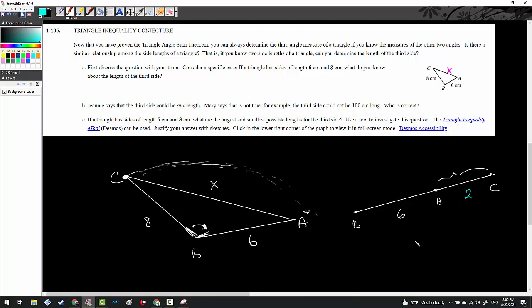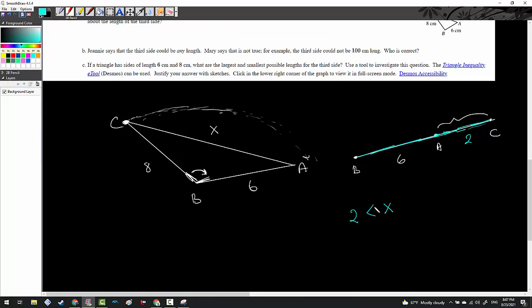So what does that mean? It means that the X value definitely has to be bigger than 2 in order for this whole thing to close up appropriately. It's got to be at least 2 in order for that to happen.